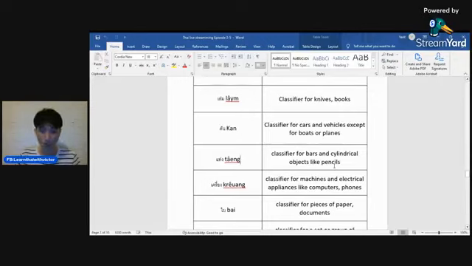If I want to say there are four pencils, มีดินสอ 4 แท่ง, right? That is like there is and there are that we learned before. มีดินสอ 4 แท่ง, okay.